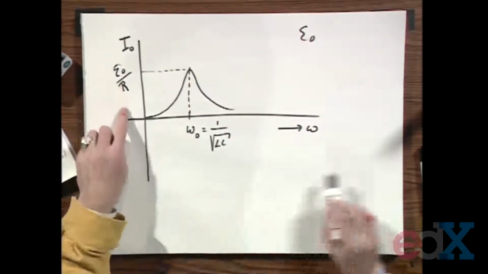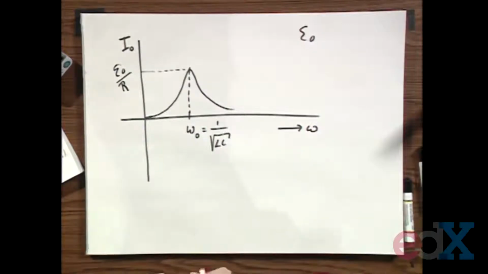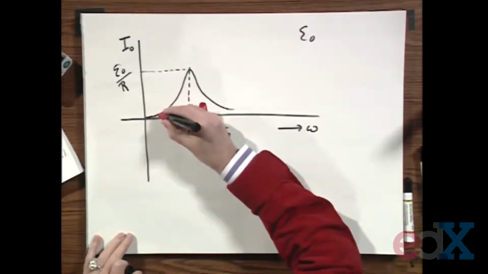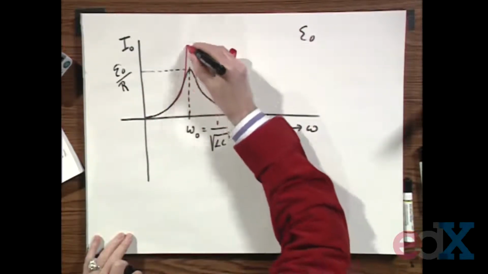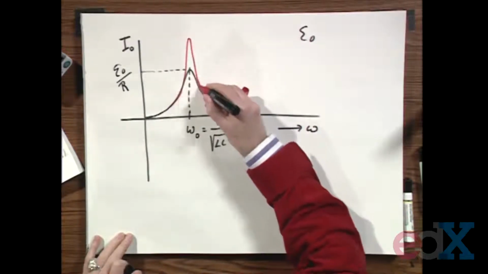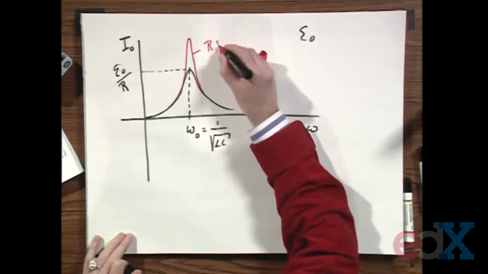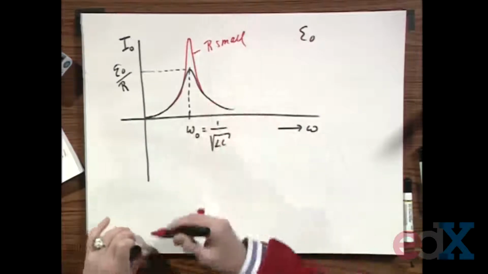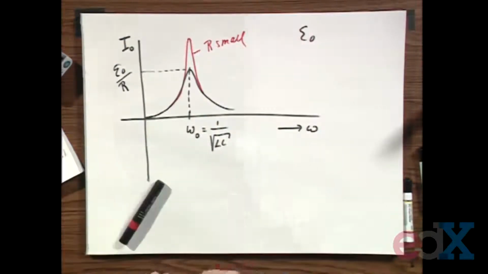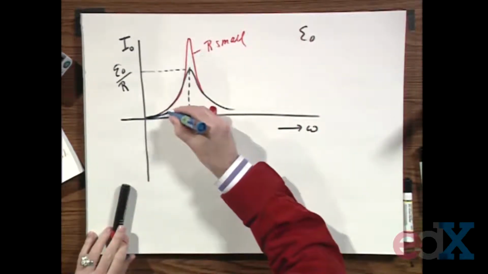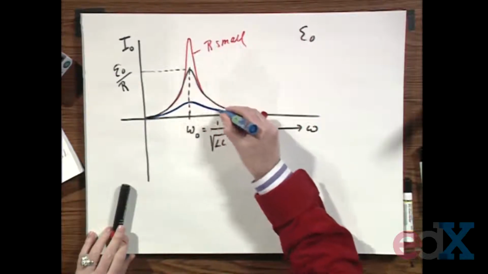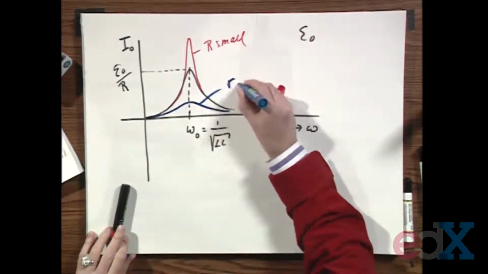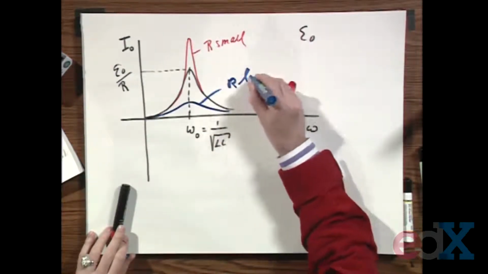Now since E0 is a constant, you see immediately that if I make R smaller, I get a peak which goes higher. So this is my shorthand notation for saying R is small. And if you prefer a much larger value for R, well, capital R is large.